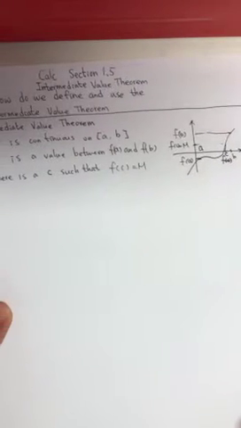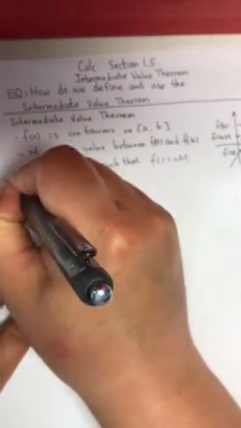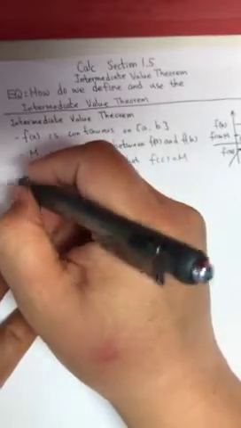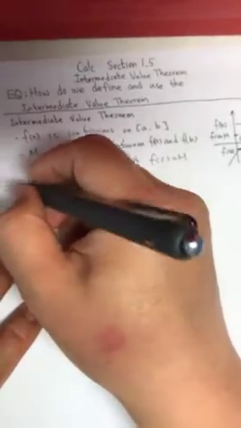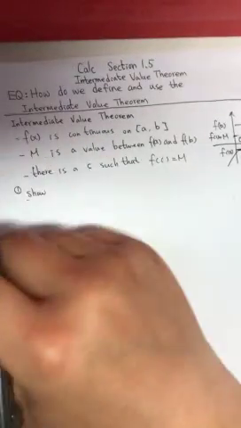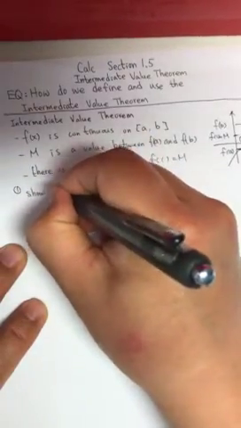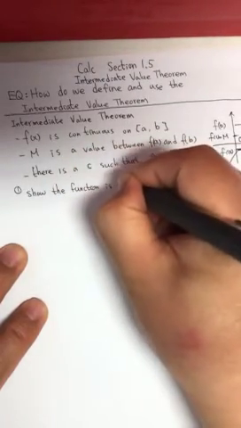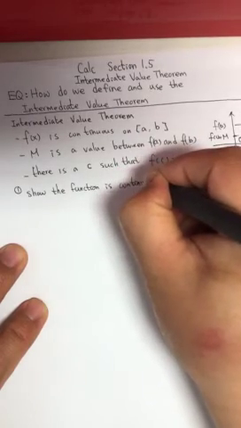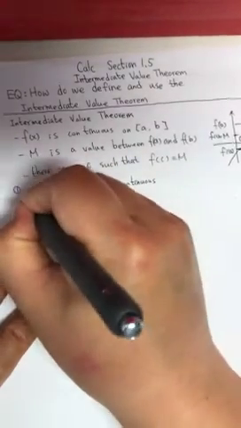So what are the steps you should take to prove that the function does have a value c such that f of c equals m? Of course, since I gave you the very first statement, show that the function is continuous. And remember what we talked about with continuous functions, you have to refer back to previous sections. Your limit would have to exist, and then the function value is the same as your limit value.